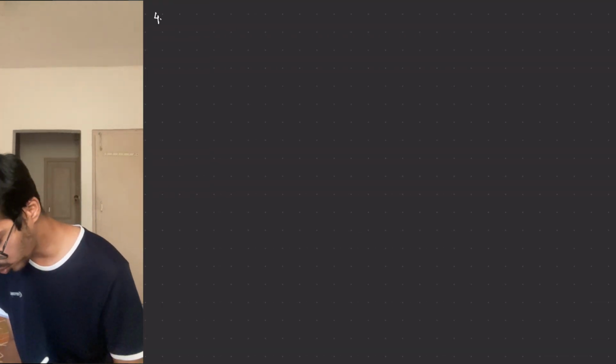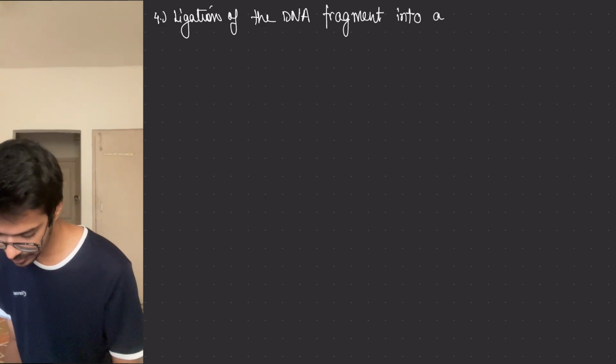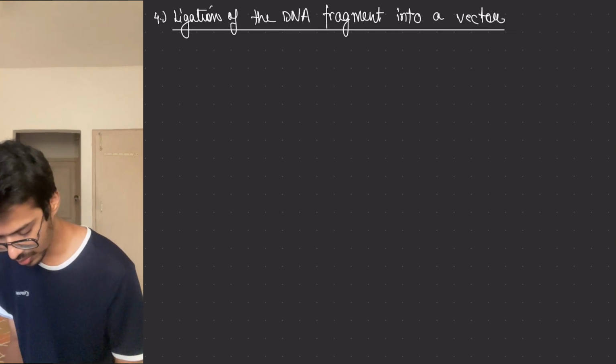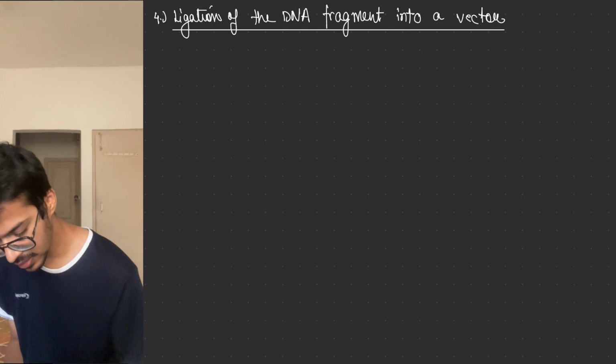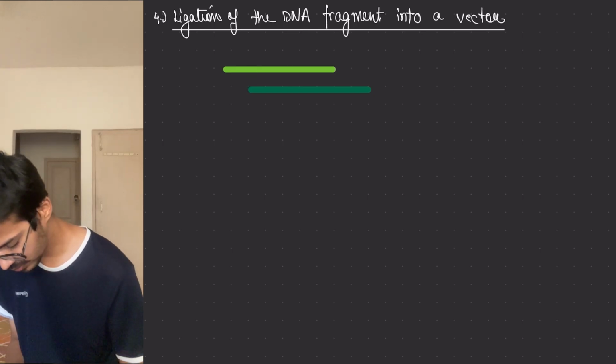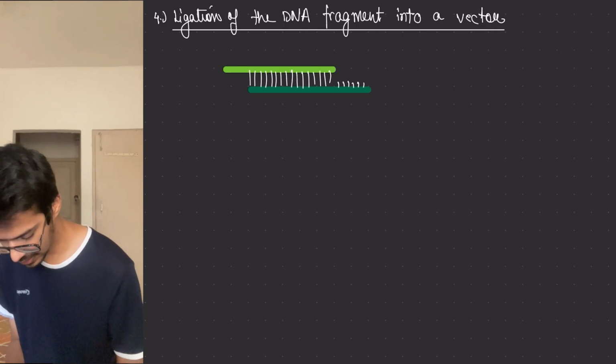Okay, so what is the fourth process? Ligation of the DNA fragment into a vector. So this is your first fragment, this is your gene of interest, this is the sticky ends.